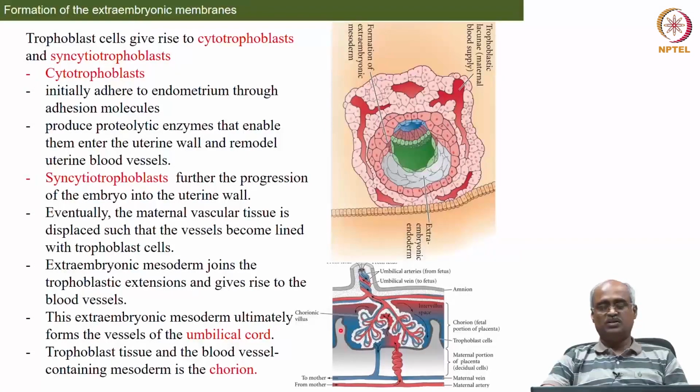So this portion which is modified by the endometrium is the decidua and mother's part, and this portion coming from the trophoblast derived cells and extra embryonic mesoderm forms the chorion, and that is the fetal component of the placenta. Okay, and this connecting thing is what we call the umbilical cord.